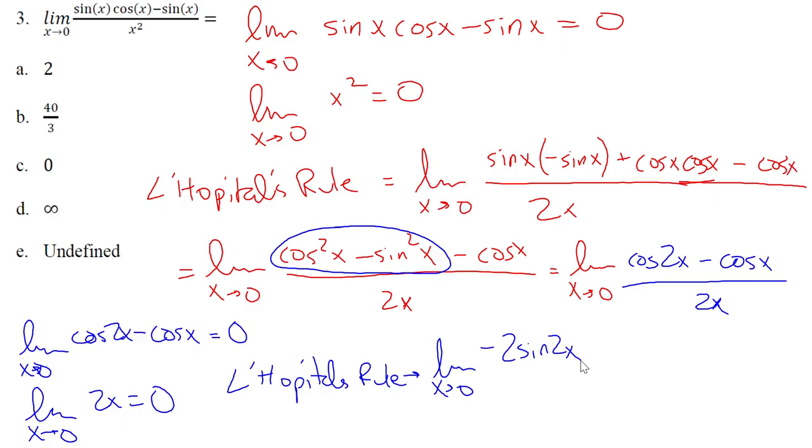And then the derivative of the minus cosine should be a plus sine x. And it's all over 2.